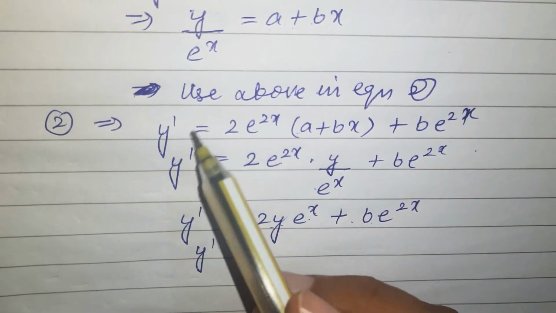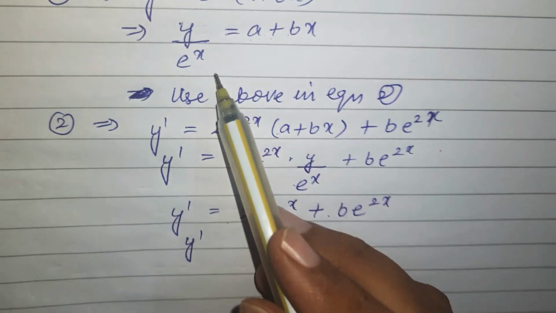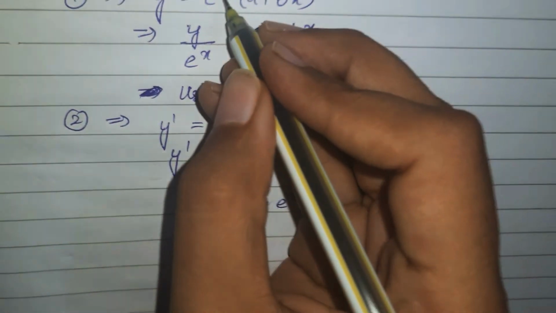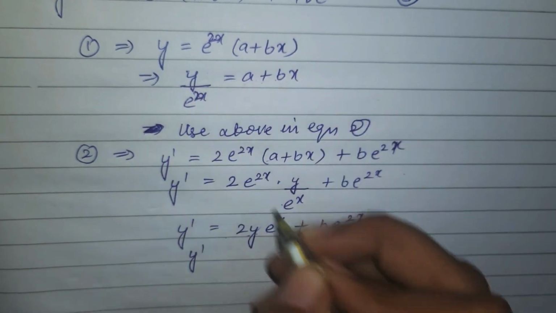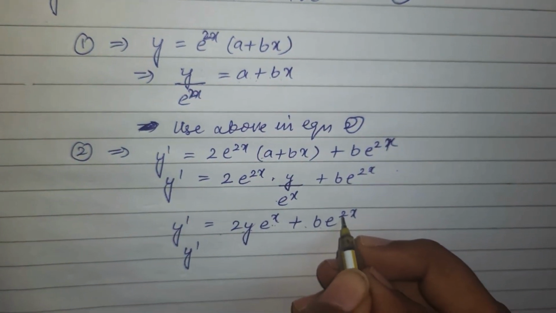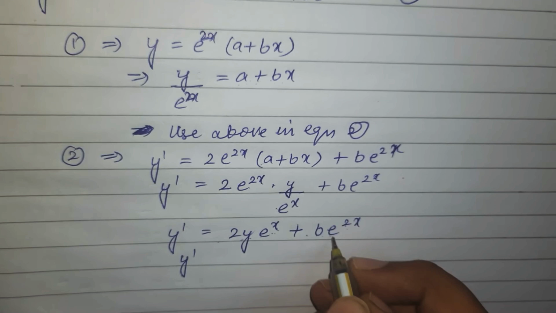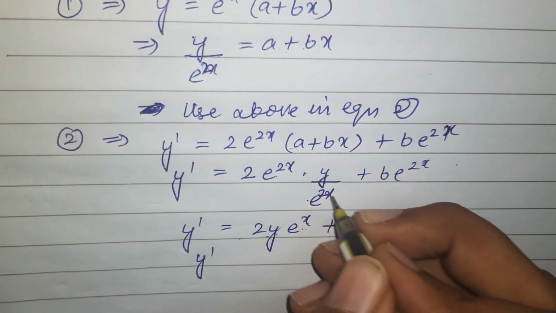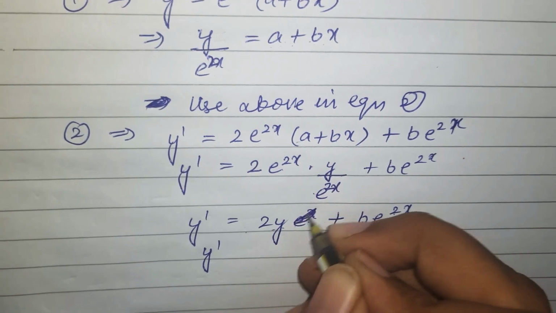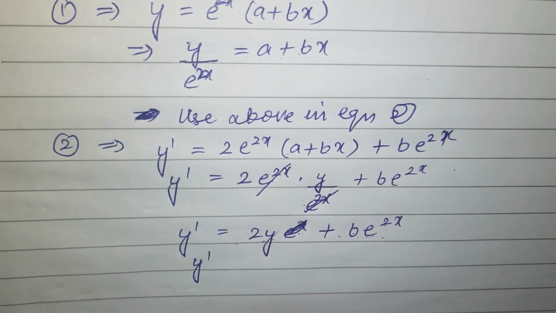Okay, let me check. Y upon e^x, wait, this is your 2. That's why I'm getting two different e^x and e^(2x), because from here I am able to calculate the value of b. So now this is correct, this is 2. Now this is okay. So this will cancel out.